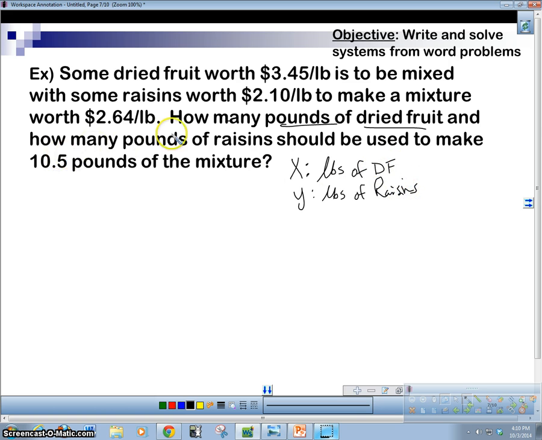How many should be used to make 10.5 pounds of a mixture? So if I take my X, my pounds of dried fruit, and my pounds of raisins, I should have 10.5 pounds of the whole thing. So X plus Y is equal to 10.5. That's a mixture.